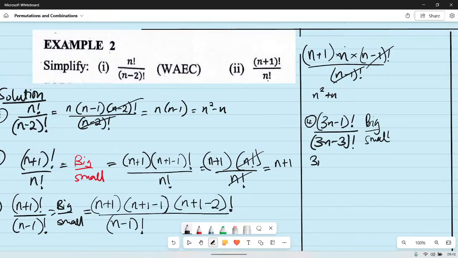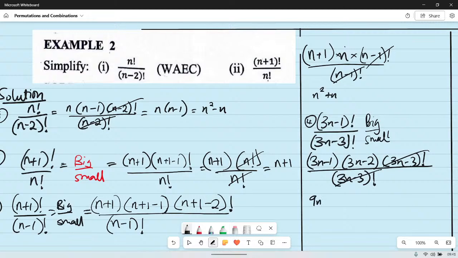So it becomes (3n minus 1)(3n minus 2)(3n minus 3) factorial all over (3n minus 3) factorial. This and this cancel, and the next ones, they multiply, binomial expansion.